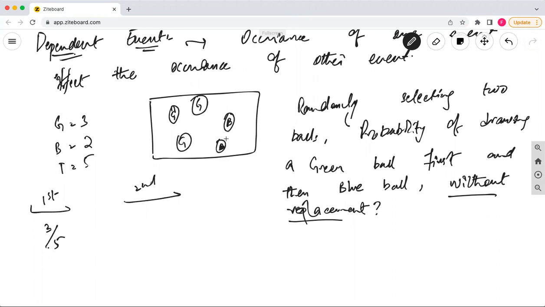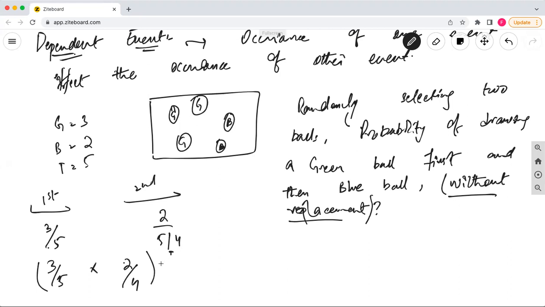How many blue balls do we have? 2. Now whether the denominator is 5 or 4? This is 4 because these are without replacement. We are not replacing the ball which we picked earlier, right? So this is 3 by 5, this is 2 by 4, and we are considering both at the same time. That's why we will multiply this.